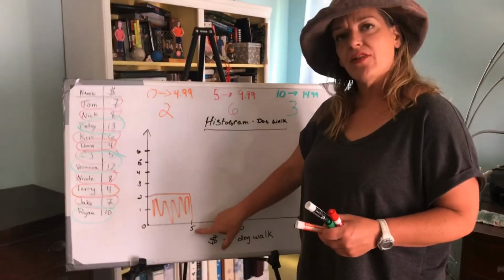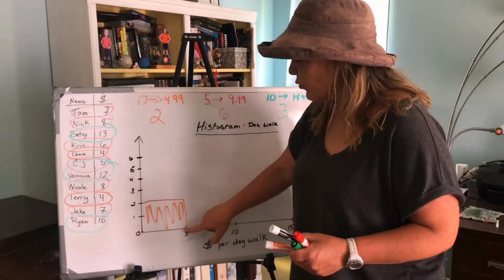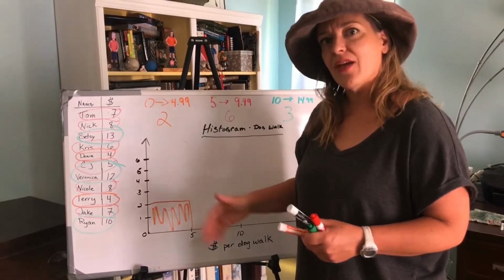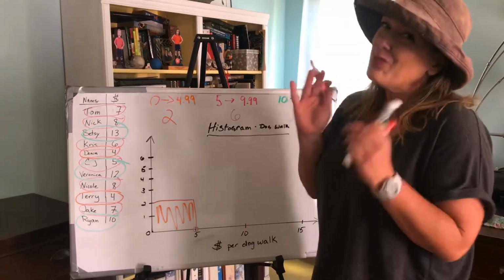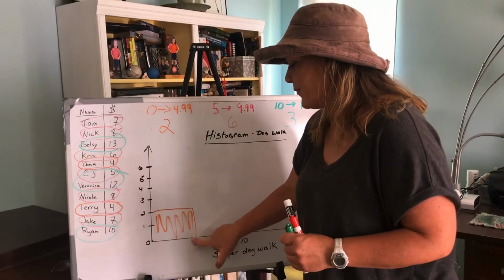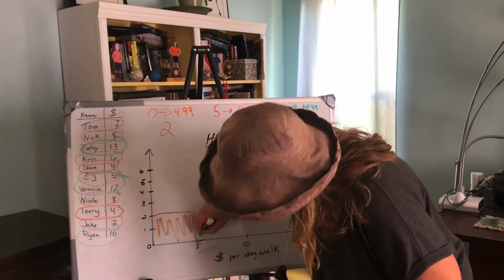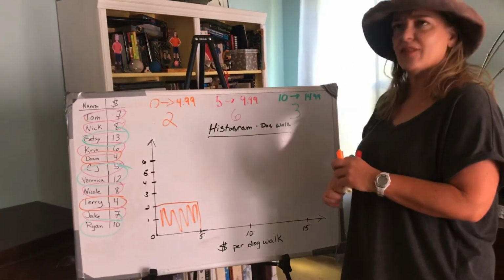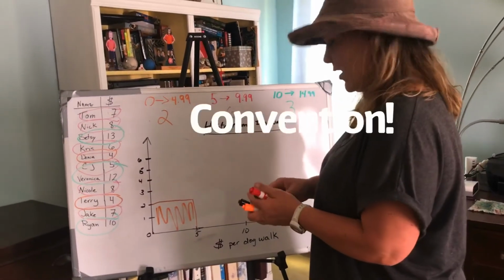Even though we put the 5 here, it is commonly expected or known that this is right up to 5, but not beyond 5. Remember when we did inequalities and we put the circle around it, meaning it's right up to that, but not that? Histograms have the same commonality going on.